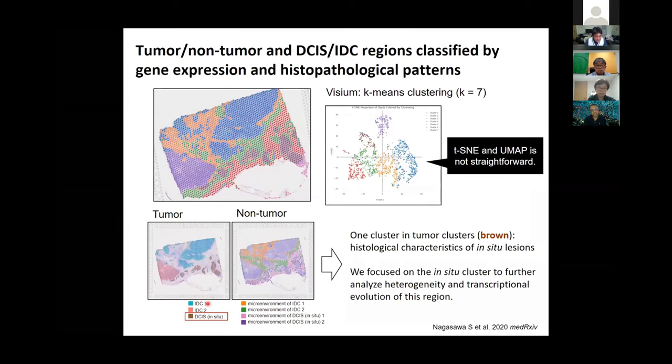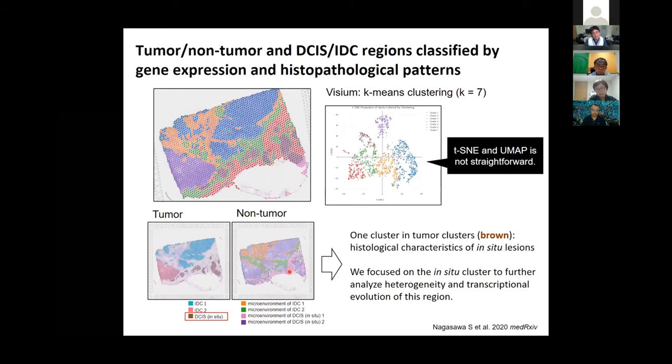That is, the DCIS, the benign part, formed a cluster here, and the relatively benign part of IDC showed up here, and the most malignant part appeared like this. Also, the several normal cells and stroma cells were clustered this way, and we were aware that the normal cells were also clustered depending on their microenvironments.